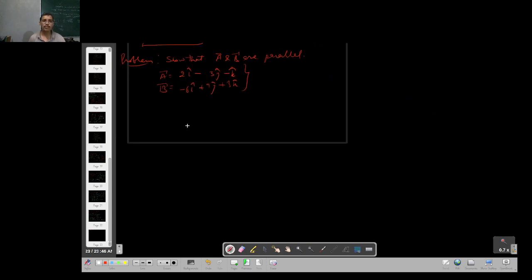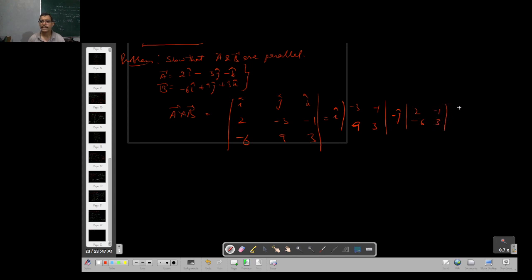To prove two vectors to be parallel, we have to find their cross product. So it's i, j, k, then 2, minus 3, minus 1, and minus 6, 9 and 3. So it's i (minus 3, 9, minus 1 and 3), minus j (2, minus 6, minus 1 and 3), and plus k (2, minus 3, minus 6 and 9).